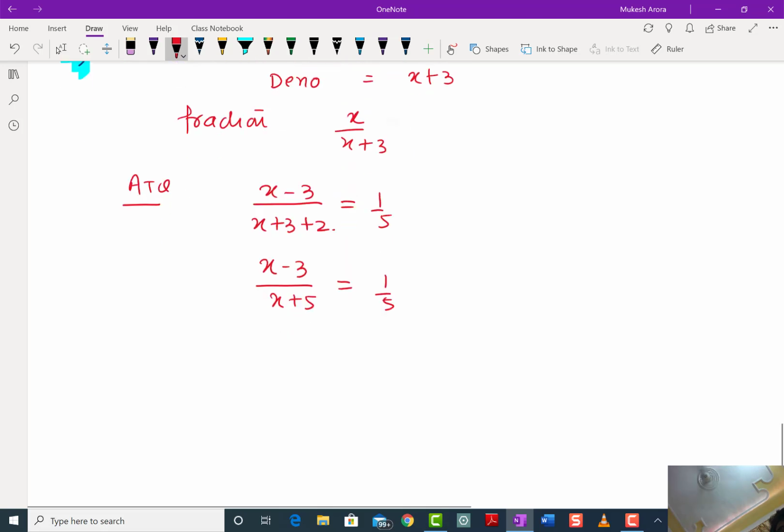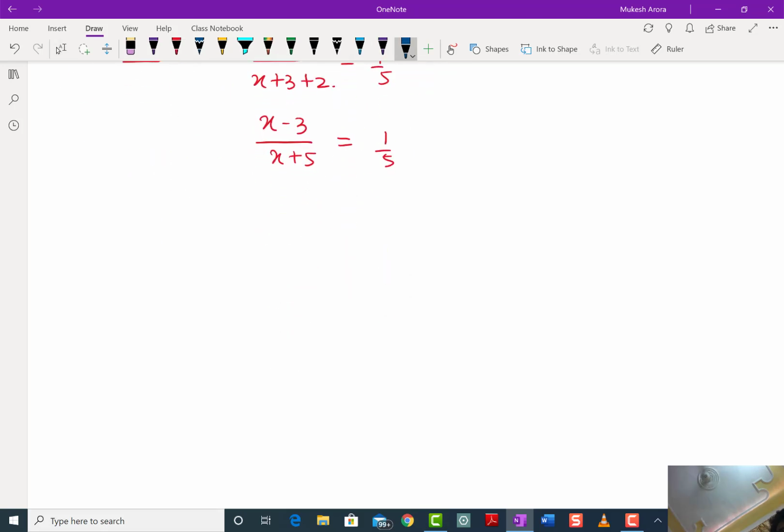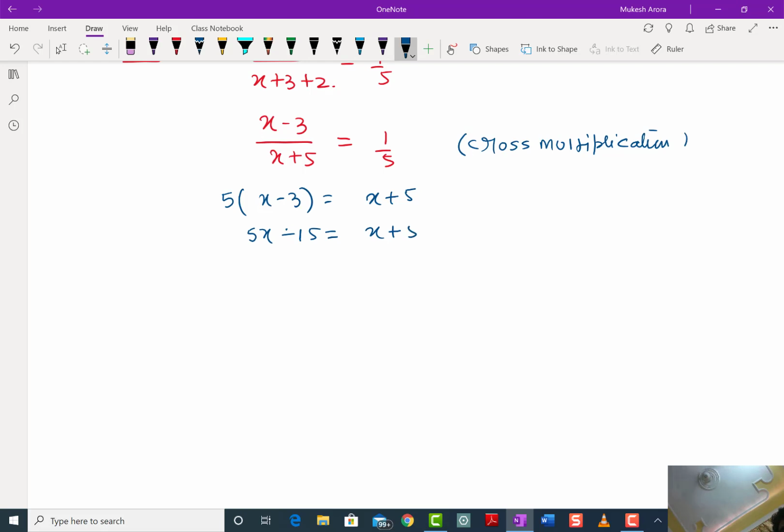So what will we do now? Anyone? Right, we'll do cross multiplication. It will be 5 into x minus 3 equals x plus 5. 5x minus 15 is equal to x plus 5. 4x is equal to 20, x is equal to 5. This was the numerator, and the denominator is 3 more than this, that will be 8.